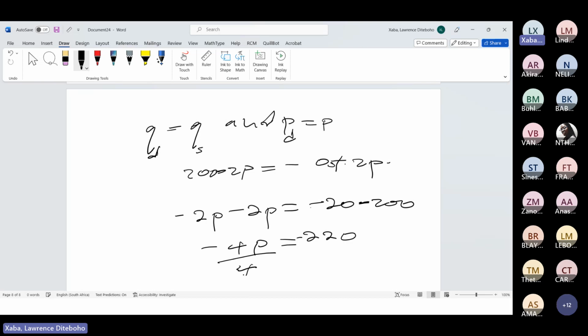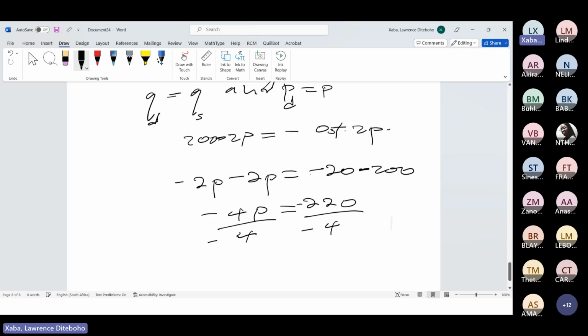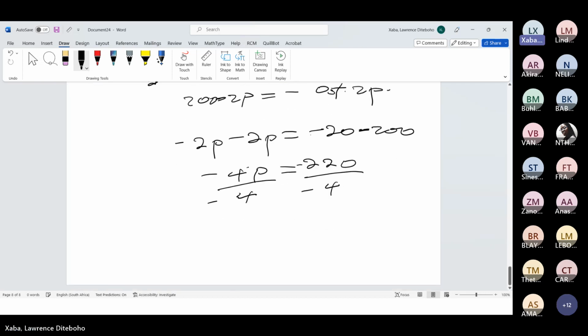We divide by negative 4, also by negative 4. Then that falls off. We end up having 220 divided by 4. Then we have P equals 55.